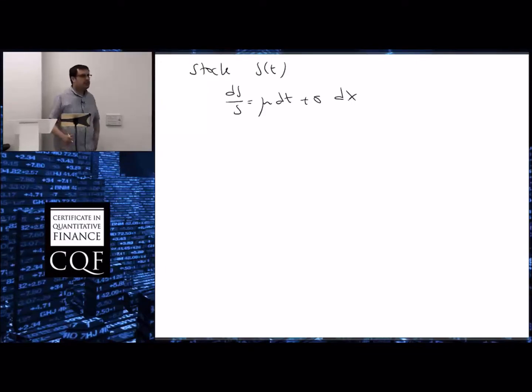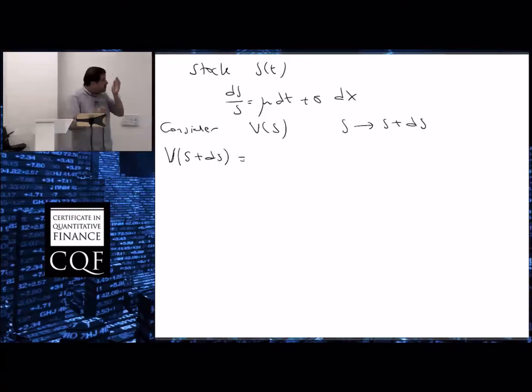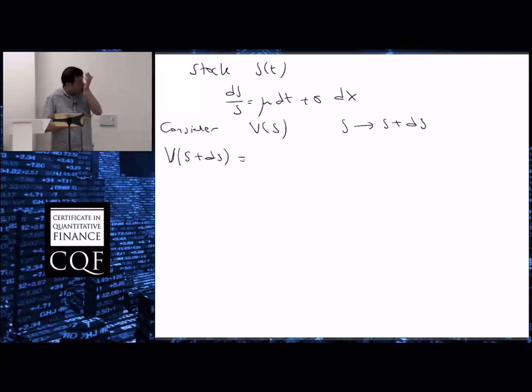And I've got some function of S. Consider a function V as a function of S. And S changes by a small amount. The obvious question to ask is, what's happening to V? So let's go back and use a Taylor series expansion.